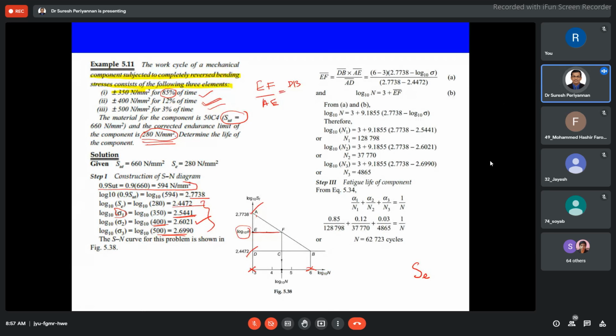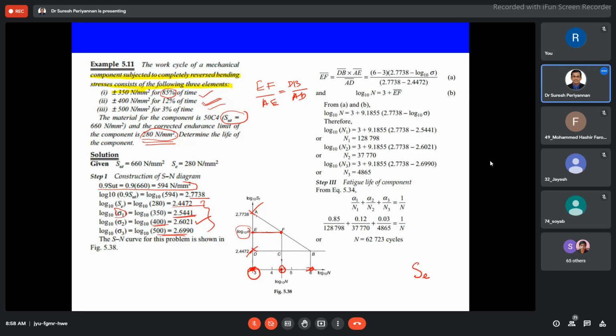Now find out what this stress cycle is here. Log N is equal to 3 plus EF. Our EF is nothing but E plus log A. 3 plus EF.